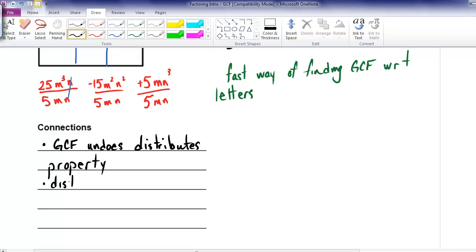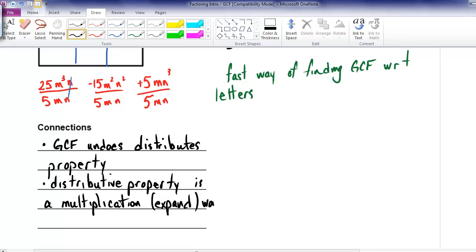The distributive property is a multiplication or expansion word, and the greatest common factor unexpands. And what that really does is it allows us to find the factors.